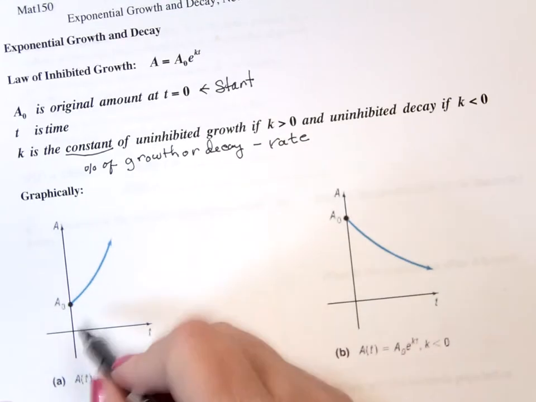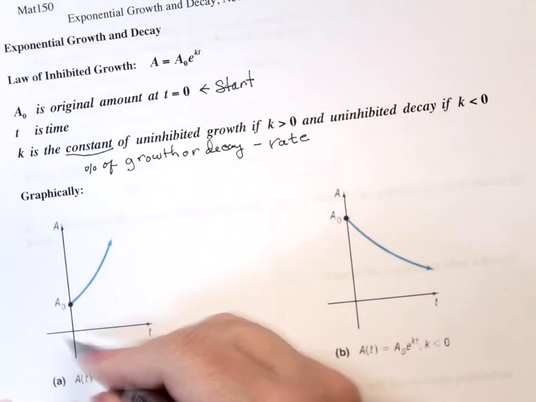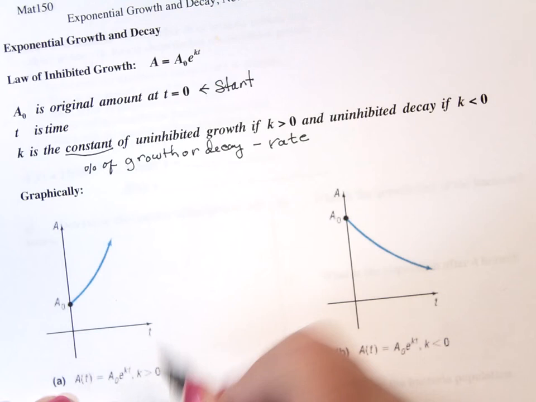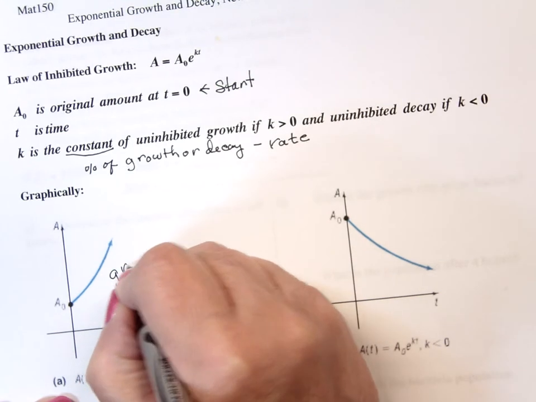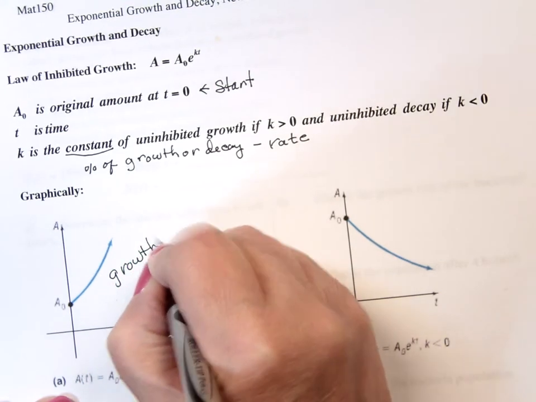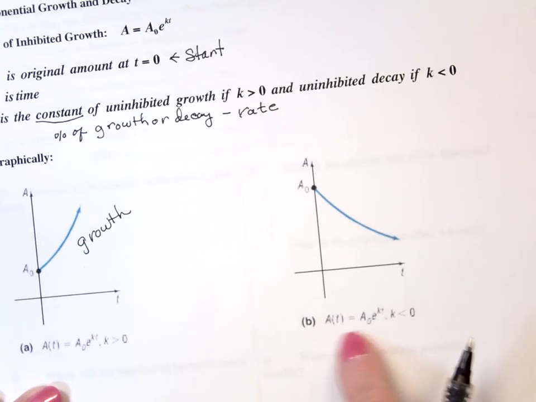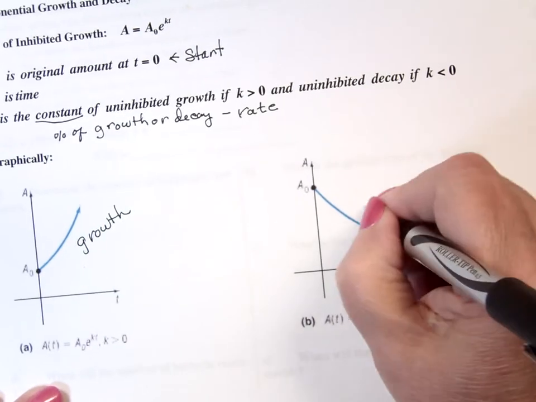And if we've got growth, this is what it's going to look like. It's A of t equals A0 e to the kt. K is positive, so this would be growth, and that should make sense. It's going to look like that. And the same formula, only K is negative, that's going to be decay.